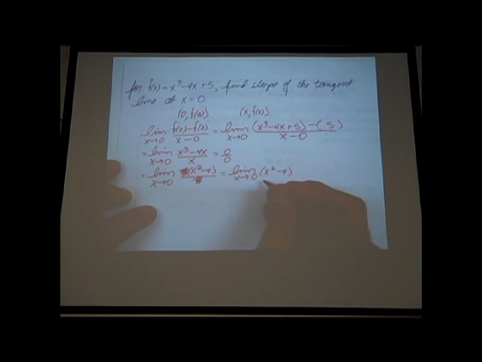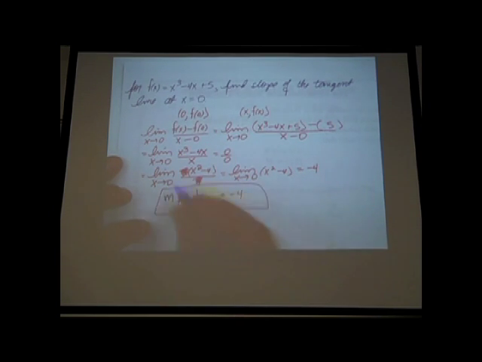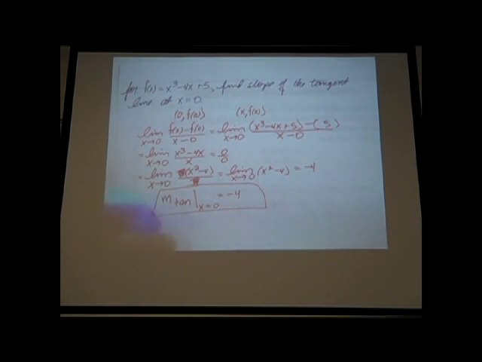The limit as x approaches 0 of x squared minus 4 is negative 4. What does that mean? That means that m_tan, evaluated at x equals 0, will be equal to negative 4. Another way to say that, at x equals 0, the slope of the tangent line is equal to negative 4. Done with that.